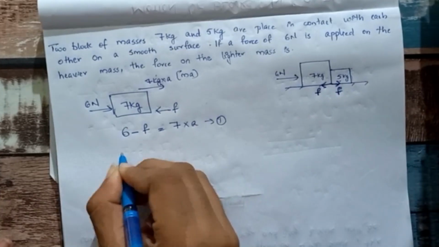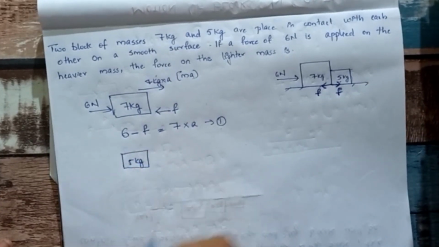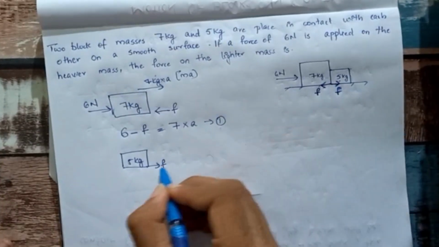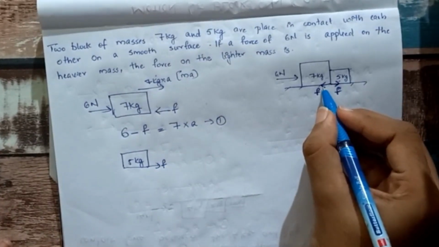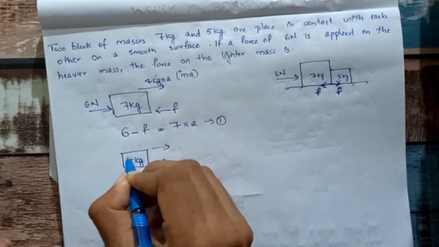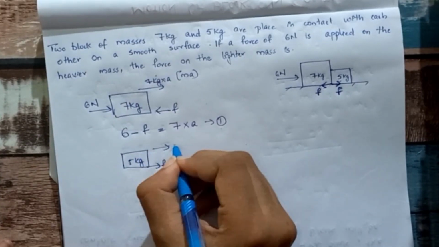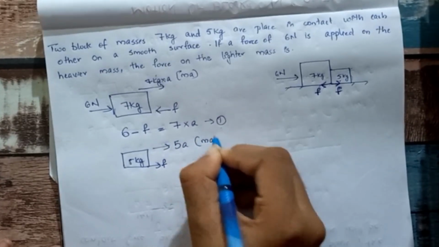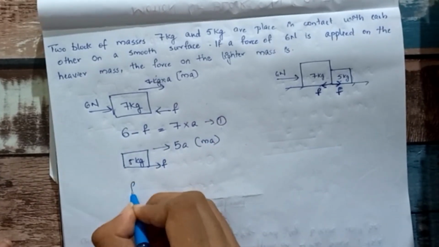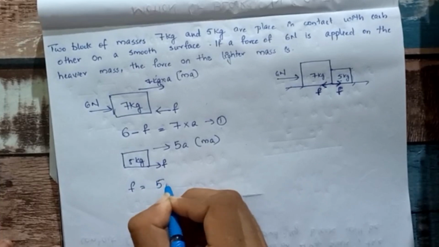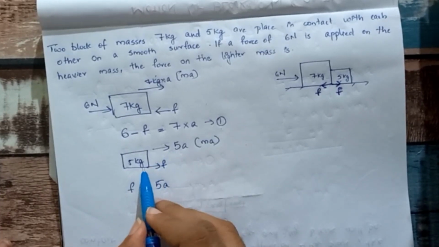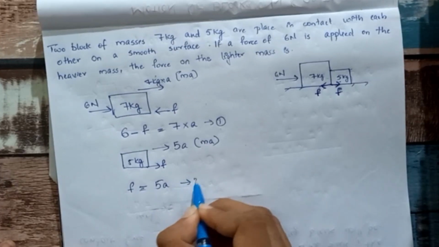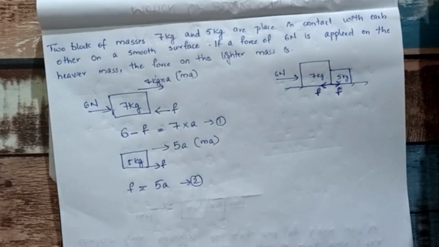So we'll take the 5 kg block right now, the second one, and a force small f is being acted onto this direction, which is the contact force, and the block is moving in a direction of a force having 5a, which is again the formula of ma. So we'll take small f is equal to the net force, because they are moving in equal directions, so it is equal to 5a. This can be considered as the second equation.